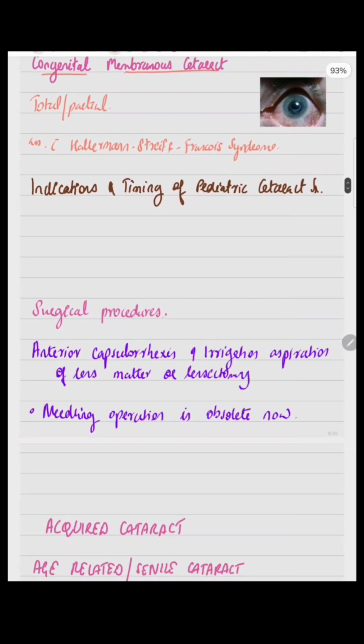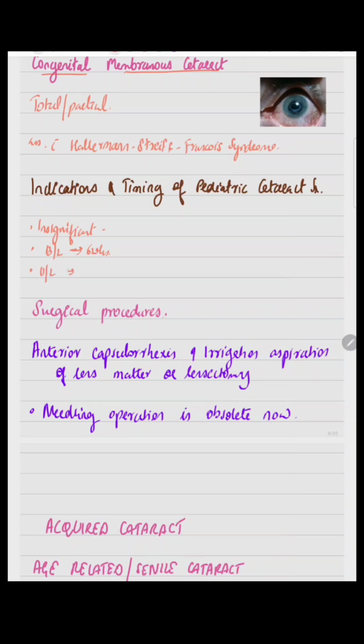Next, regarding indication and timing of pediatric cataract surgery. For visually insignificant cataract, follow-up and non-surgical treatment with pupillary dilatation can be done. For bilateral dense cataract, we usually operate within 6 weeks of birth, and the second eye is operated within a few days after the first eye.